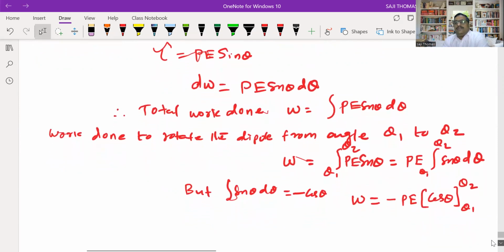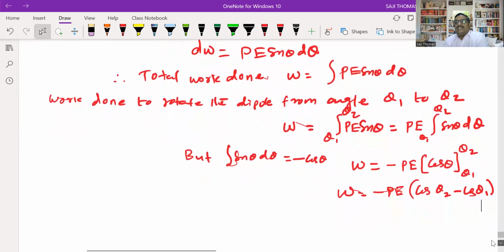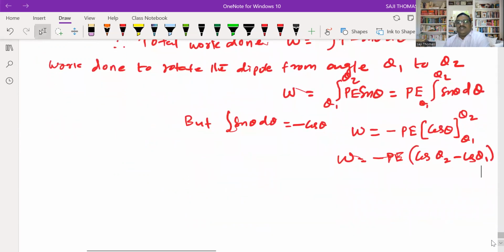First you apply upper limit, then minus lower limit. So W is equal to minus P E, cos theta 2 minus cos theta 1.